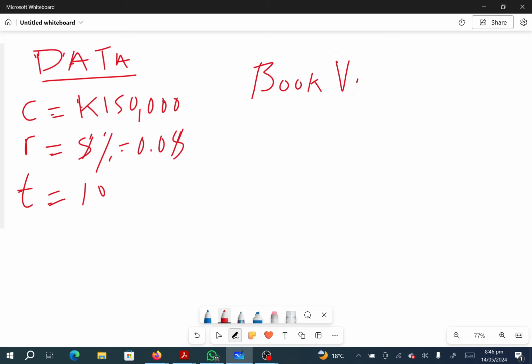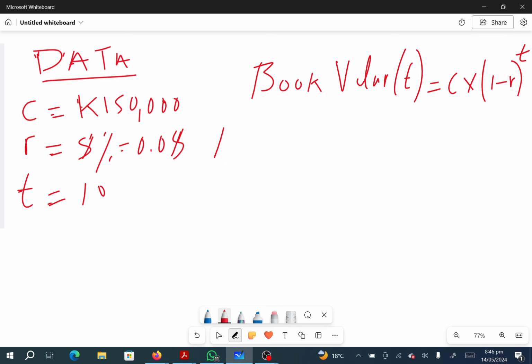Book value in terms of T is equal to C multiplied by (1 minus R) to the power T. So then we can replace these values in the formula given here.